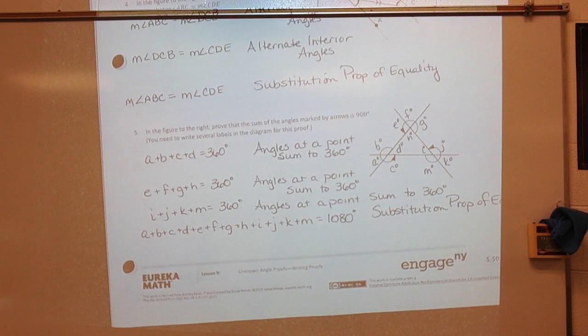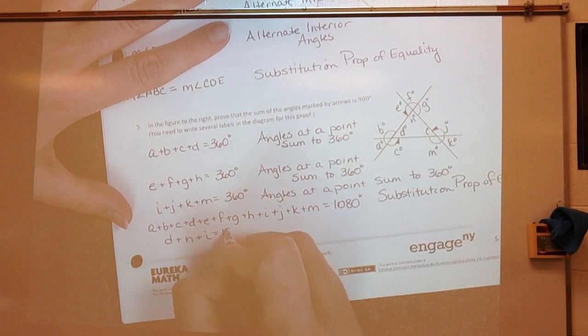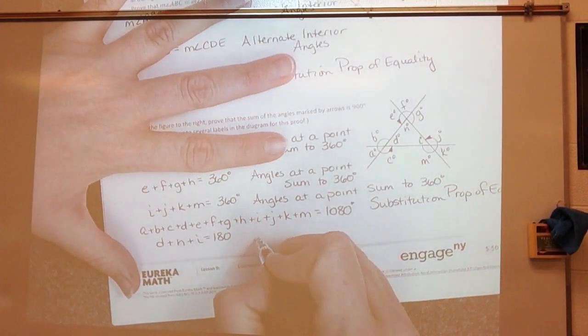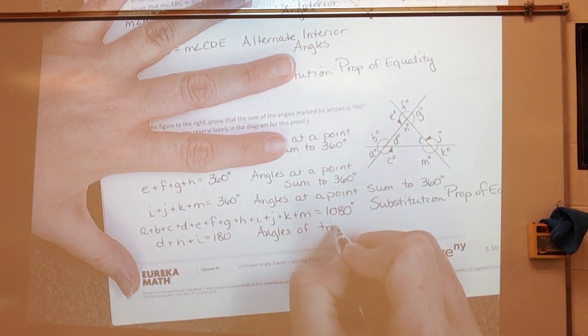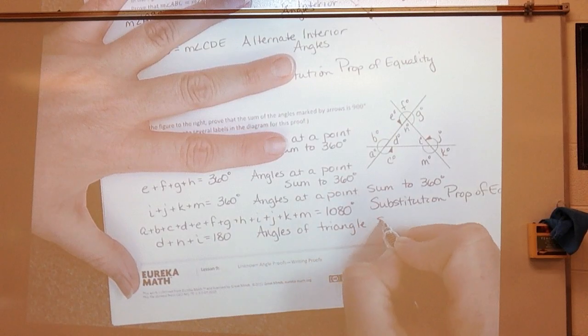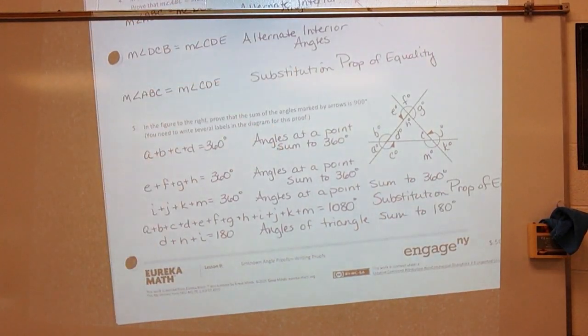They equal 180 degrees, because the angles of a triangle sum to 180 degrees.